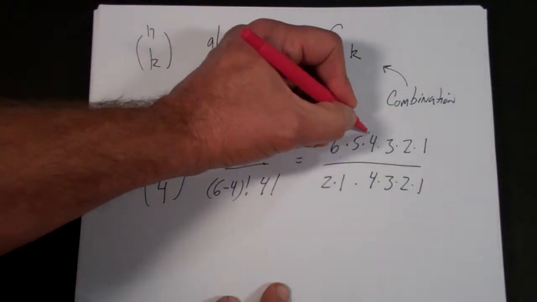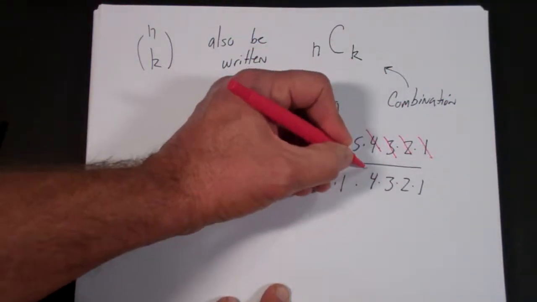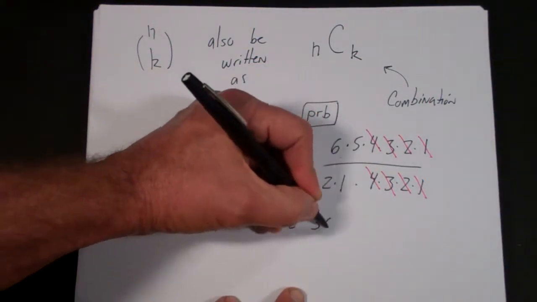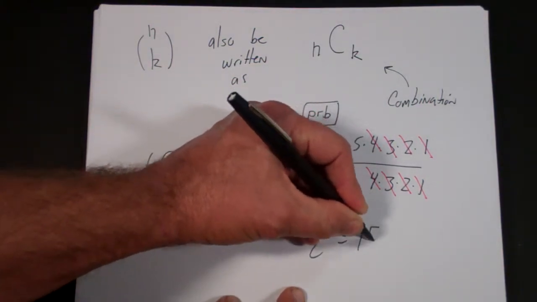And if you notice, the 4, 3, 2, and 1 cancels with the 4, 3, 2, and 1, and you get 30 over 2, or 15.